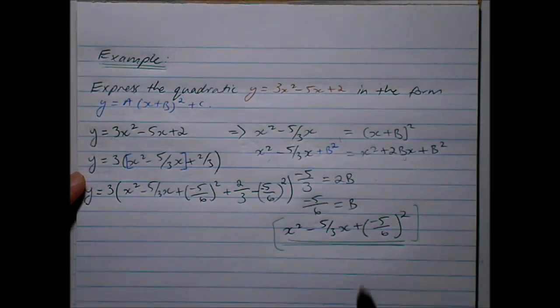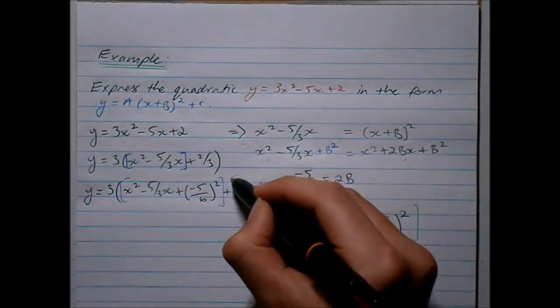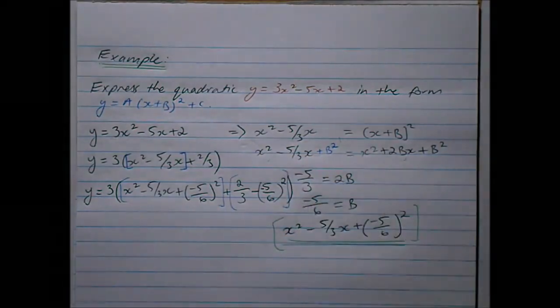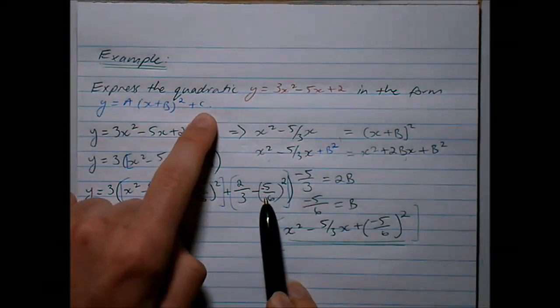And sorry, I'm a little tightly bunched here. But you might ask yourself, well, we're just adding a number. Why would we do that? But what we're going to do now is just look at these terms separately, all right? Because what we'll find is that this term here is going to give us our c value.